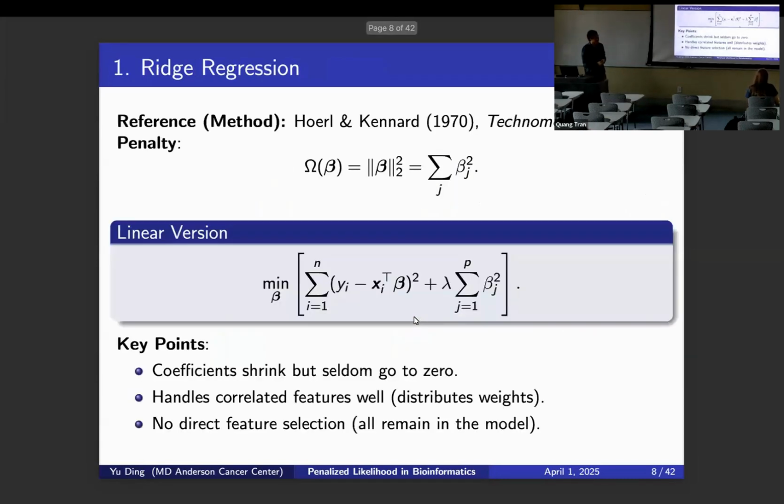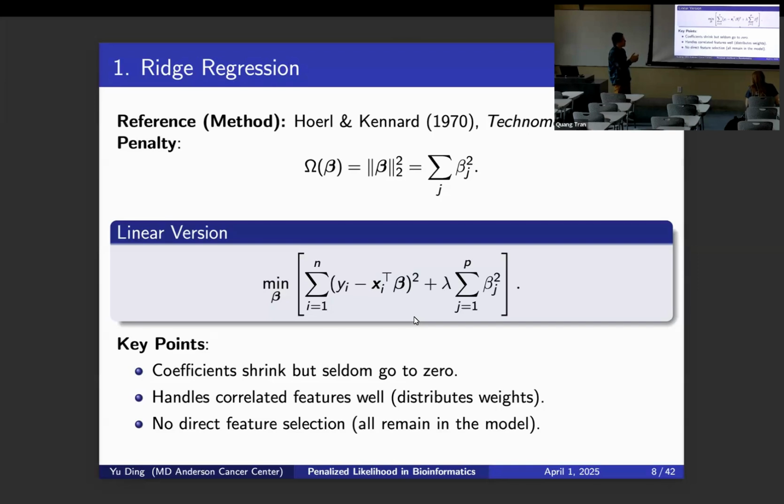All right. So let's talk about our first quantity terms, or called ridge regression. The first equation provides us an expression of how the ridge regression looks.